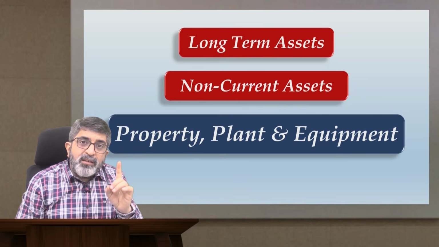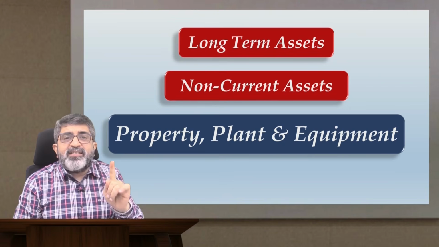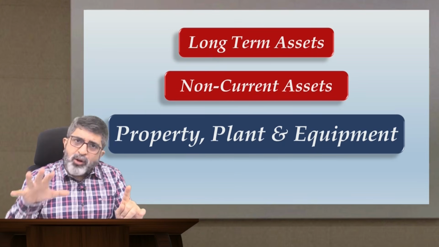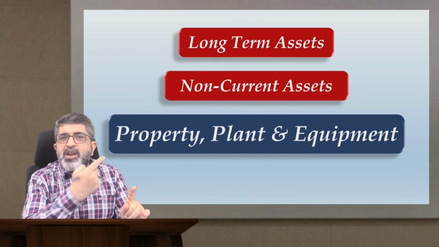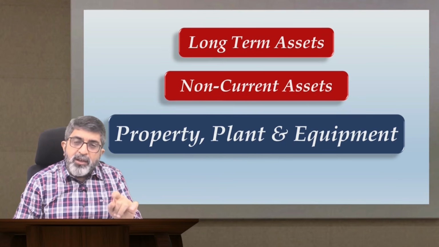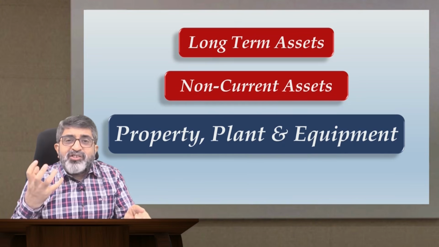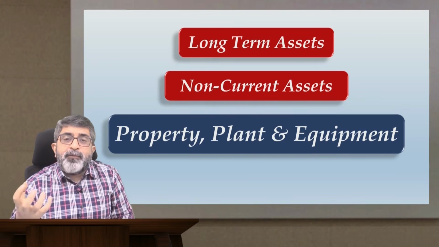Then these are either inventories or non-current assets held for sale. So non-current assets held for sale are also tangible items, but they don't come under this category of property, plant and equipment. That is why property, plant and equipment has been defined as tangible items which are held for use.